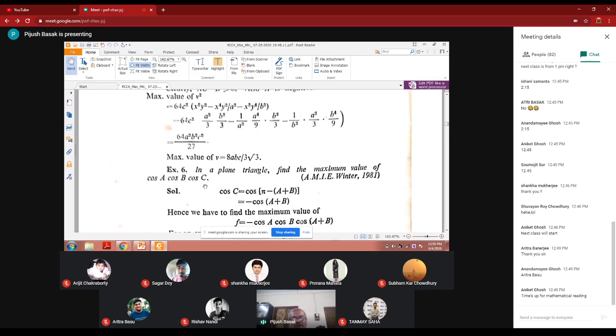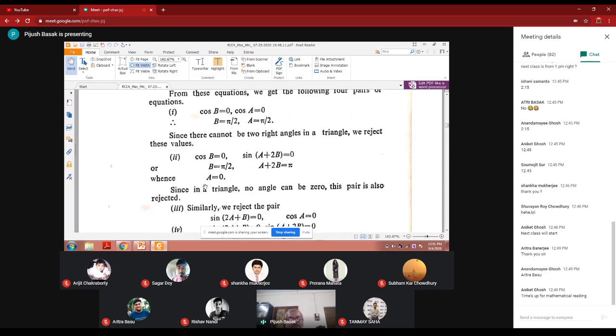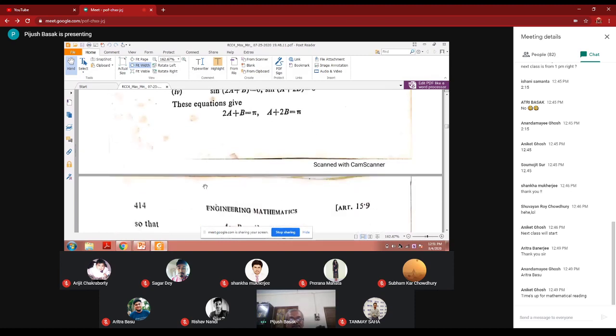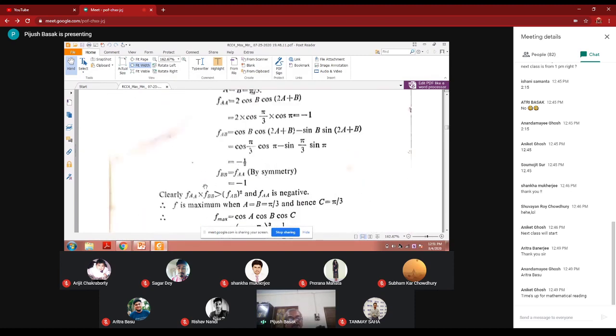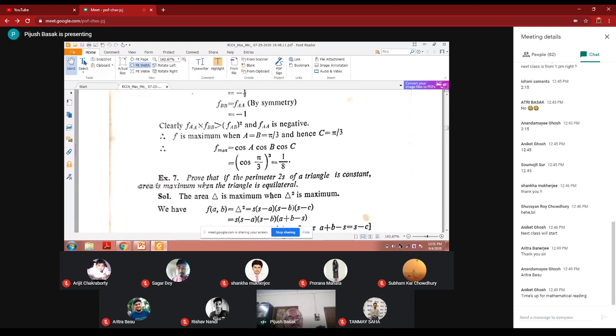So there may be other problems, but similar. I can assure you they will be similar problems. There is some trigonometric problem, I'll send you the literature, you can see it. But first of all remember, you have to make f suffix x equal to 0, f suffix y equal to 0, and solve to find the stationary points.